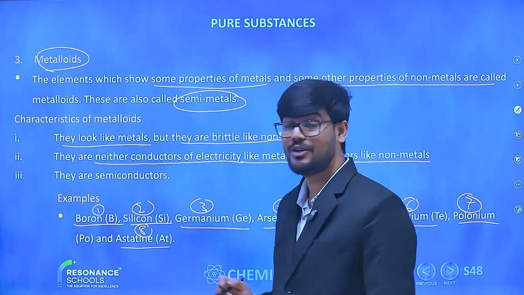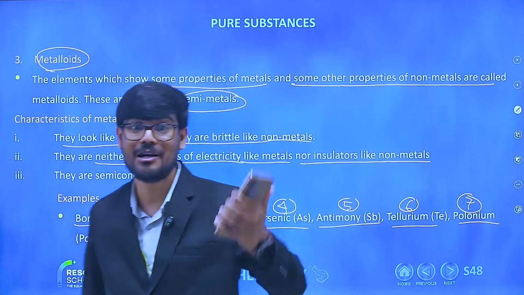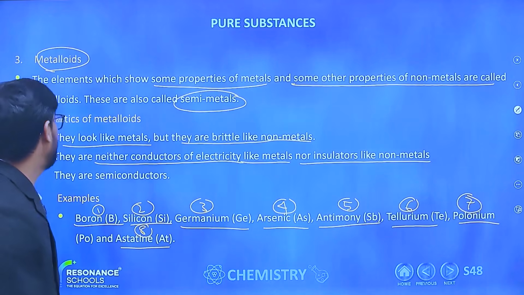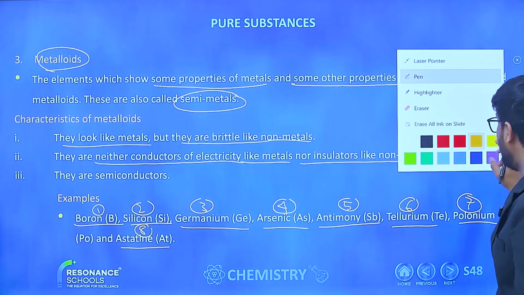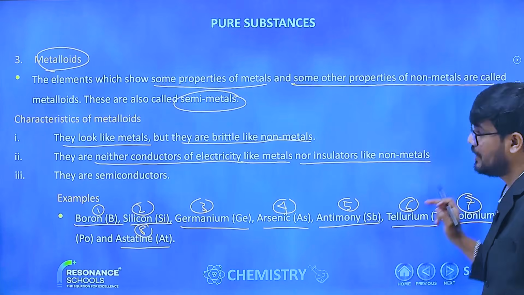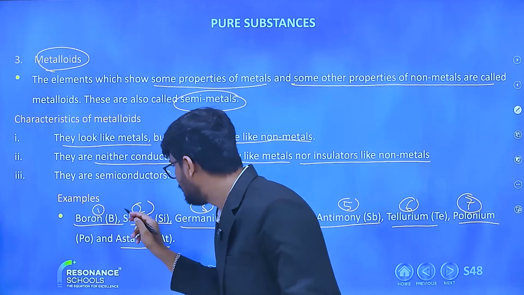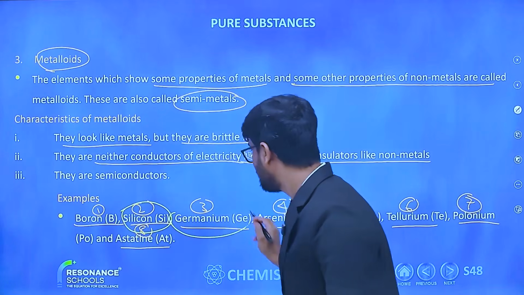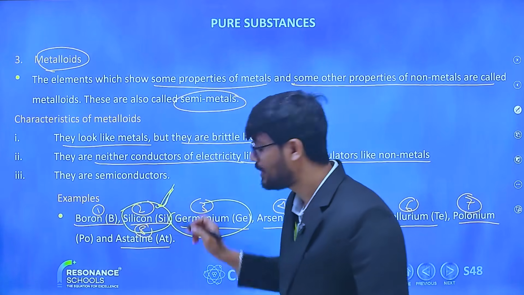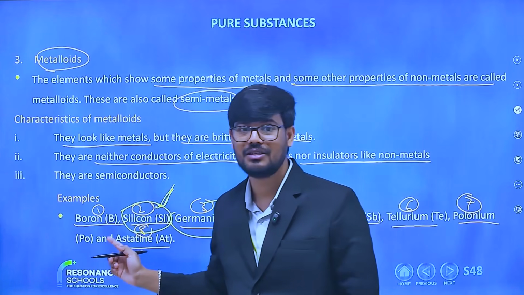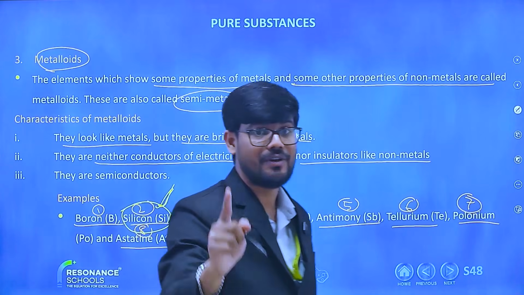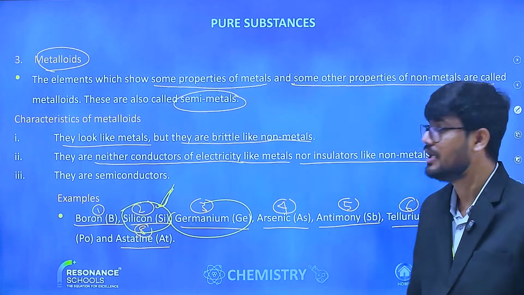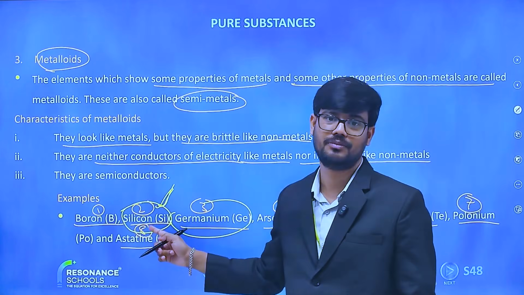So our mobiles and computers are all based on which element? Without silicon and germanium, especially silicon, you cannot produce a single electronic device like a mobile or computer. Silicon is so important.